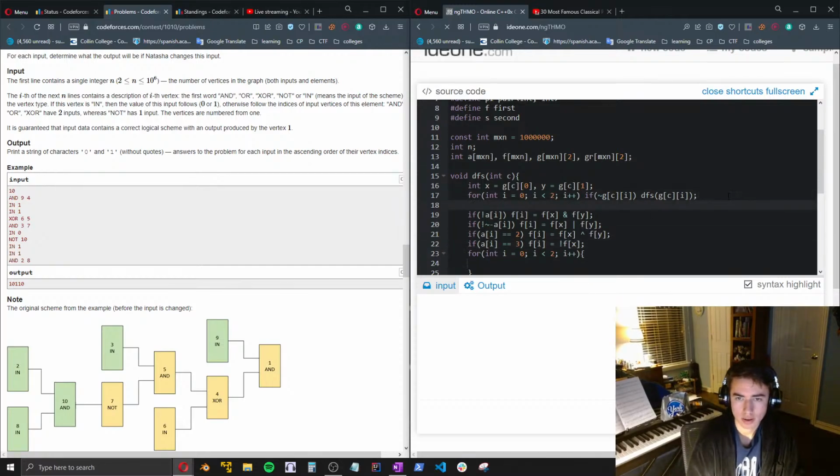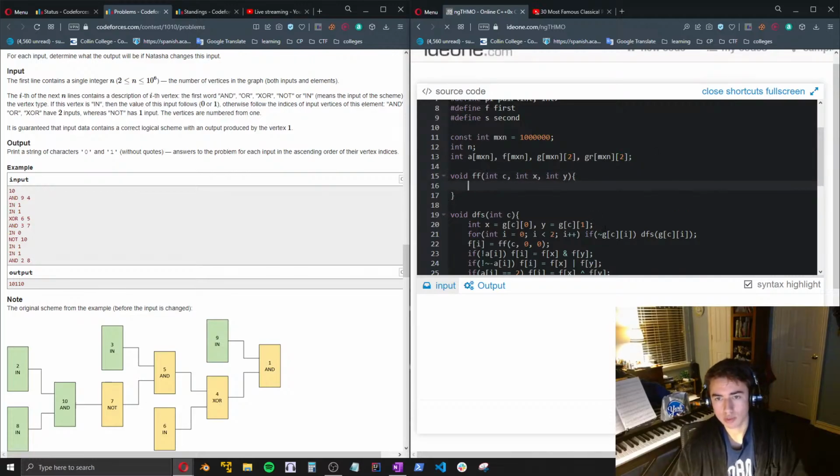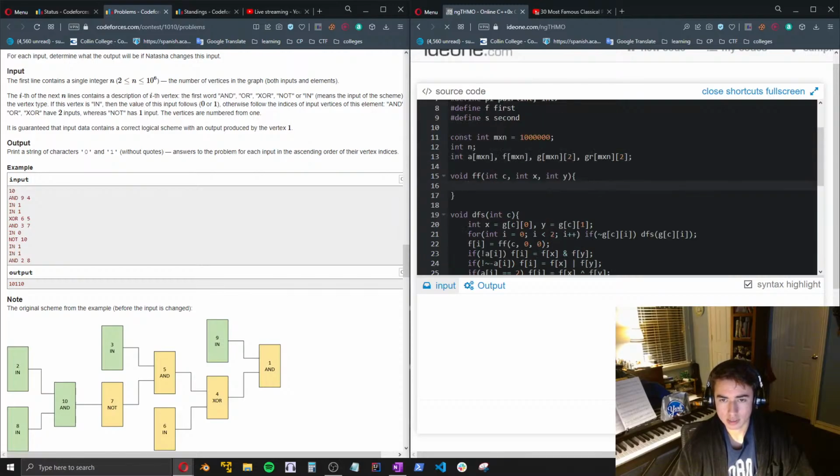Let's say, alright, wait, let's make a function, say f of i to ff of c. Oh wait, this should all be c anyway. So ff is going to be a function that is pulling up these values, I guess.